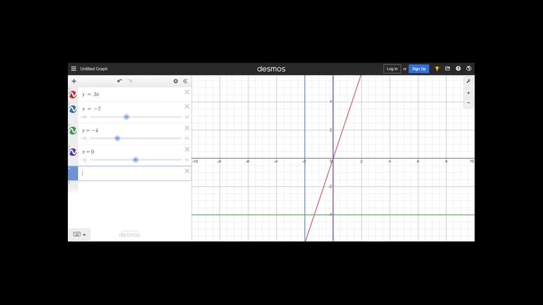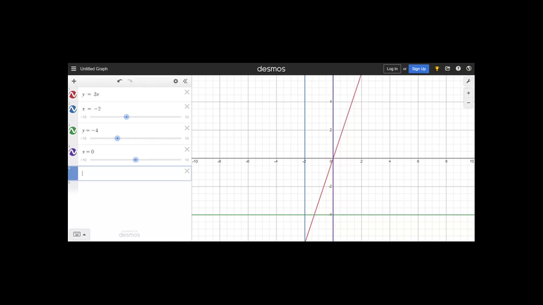Ma'am, it lies on y-axis. Yes, you can see the purple line. That is x equal to 0. Correct?